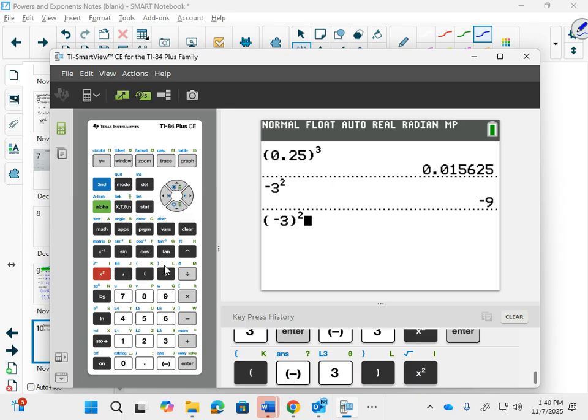Dayton, you get a guess. I'm going to push enter, and it's going to give me an answer. And we're going to see if you can guess right or wrong. Doesn't matter if you're wrong, though. What do you think negative 3 in brackets squared is going to be as an answer? Negative 6. Push enter. It's positive 9.